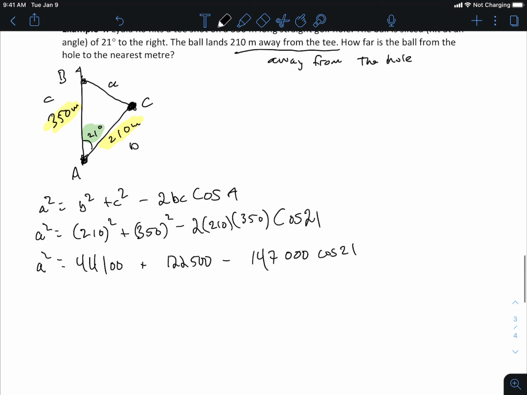Cosine of 21 should turn into, you're going to go to your table, go find 21, and find the cosine value, 0.9336 maybe. That's what you should see on your table. That's going to be multiplied by 147,000.